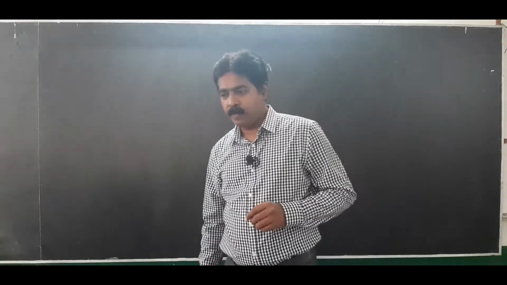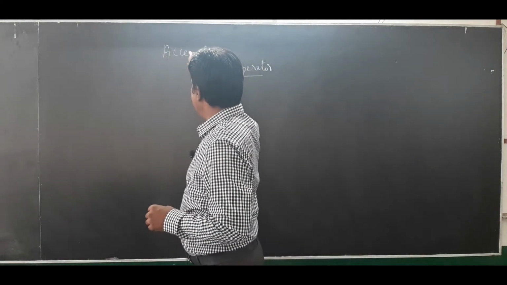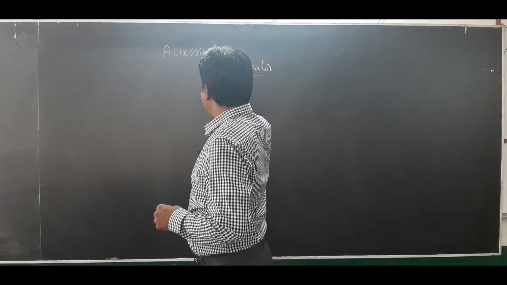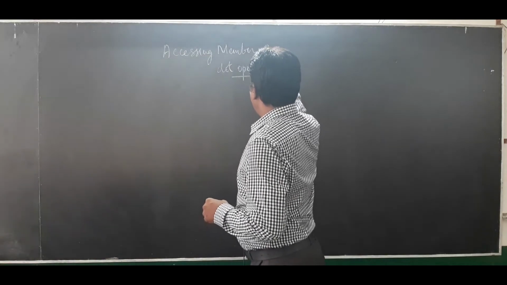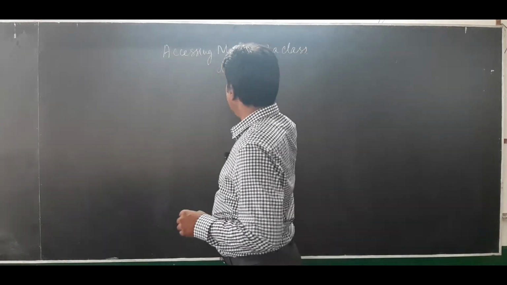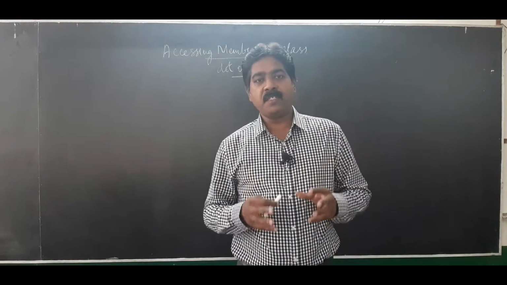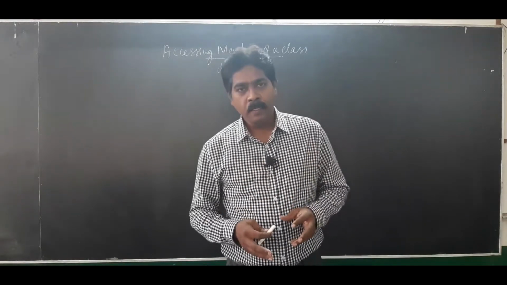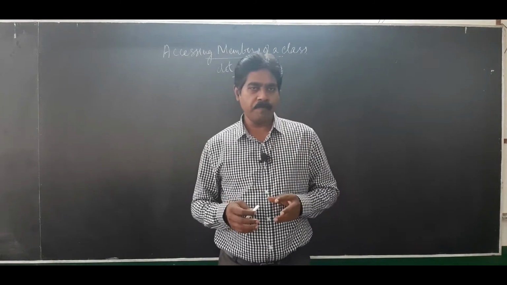So the next topic will be accessing members of a class. Could be asked for a 2 mark or a 1 mark question. How will we be accessing the members of a class? You know that the class members are the data members and the member functions.